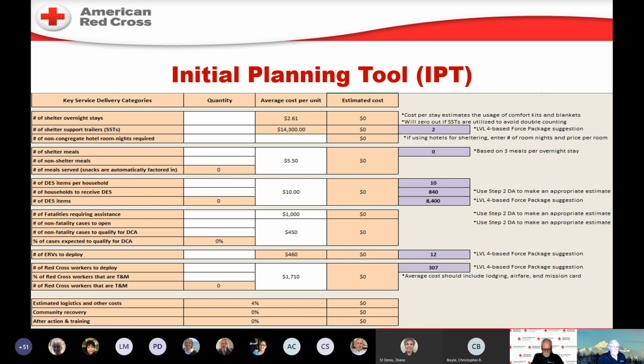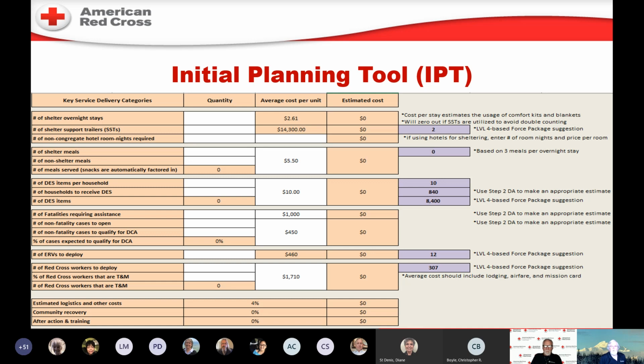And this goes back to the very top, and we don't show this in this plan, but we are actually entering the level of the disaster back in the initial planning tool, so it automatically adjusts to that. Fatalities requiring assistance.